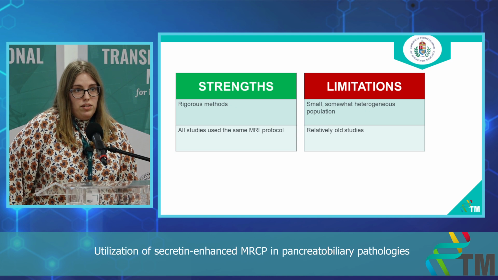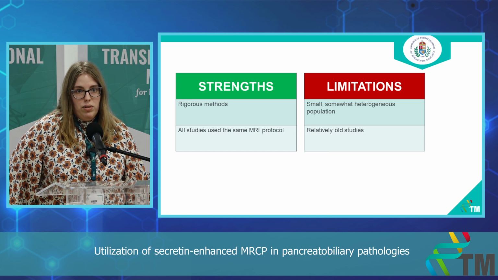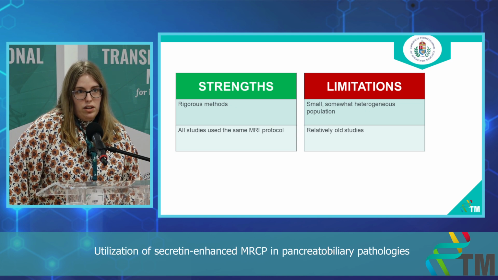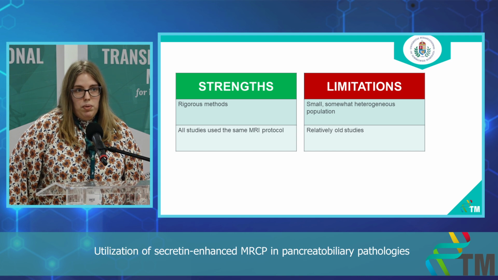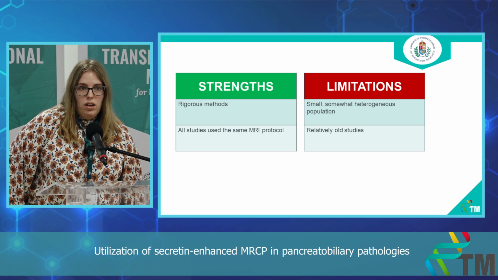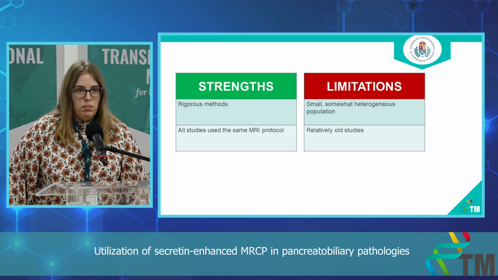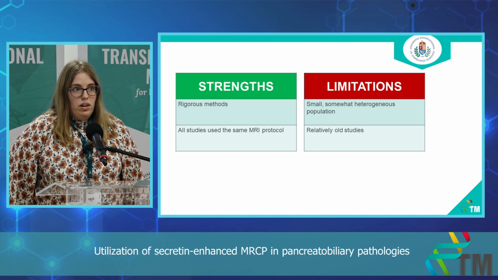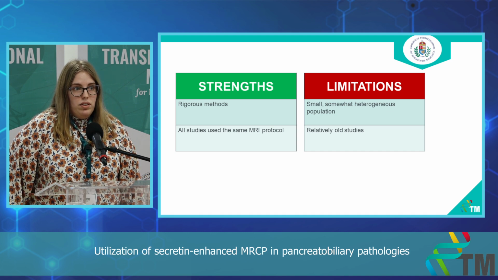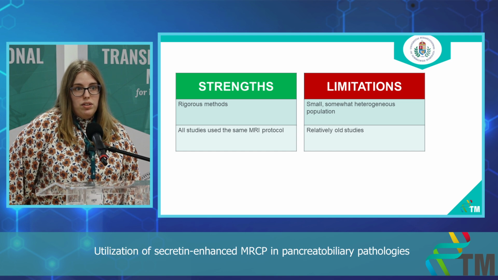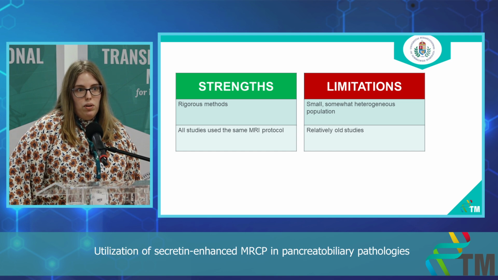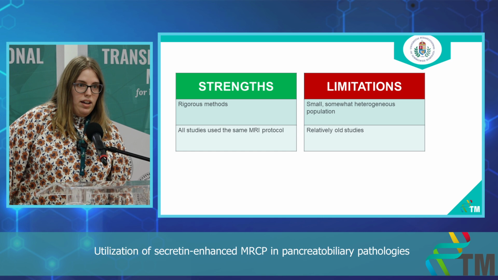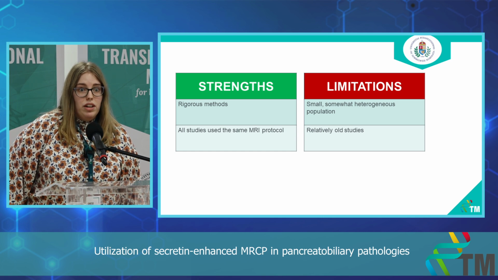Our study has limitations. As you could see, we could only include 3 articles, a somewhat heterogeneous population, and they are relatively old, all of them conducted in the early 2000s. But our methods were rigorous, and all studies used the same MRI protocol, so there was no difference between the machines and the amount of secretin injected.